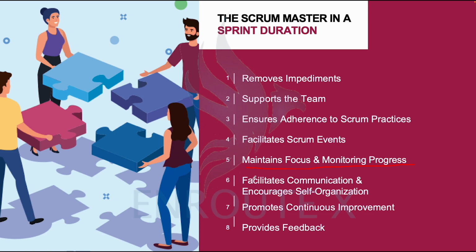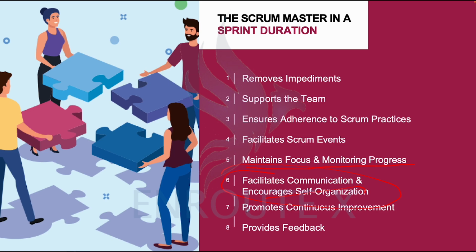The Scrum Master facilitates all the communications and encourages self organization, while the team is able to grow with agile mindsets, being engaging, being cross functional, being self organizing, following best practices, and delivering value.